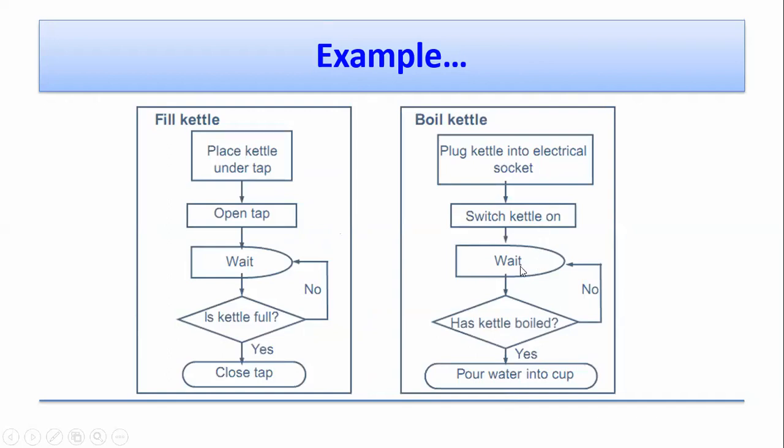Then we have to wait. Has the kettle boiled? Once it is boiled, if it is yes, then we can pour water into the cup. Otherwise, if it is no, we have to wait. Likewise, inside the main process, there can be some sub processes as well. Now, do you understand it?